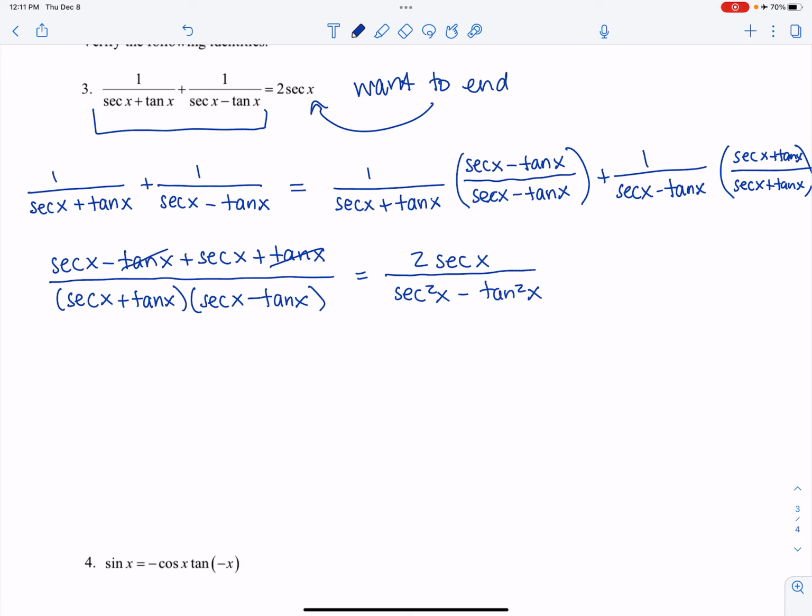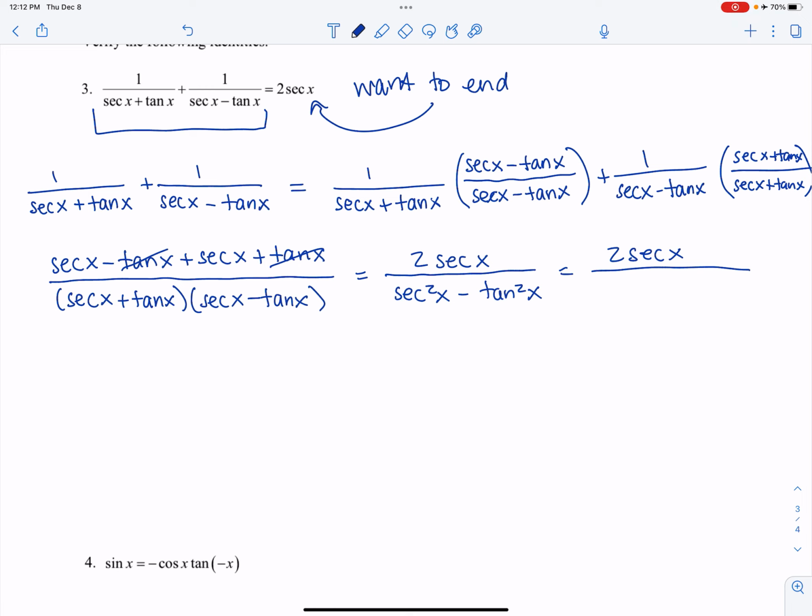And what I'm going to do is rewrite the denominators in terms of sine and cosine, so that way we can see what the subtraction is that's happening down there. So on the top, I'm going to leave it alone for a few minutes, just so that we get an idea of how we can simplify the bottom.